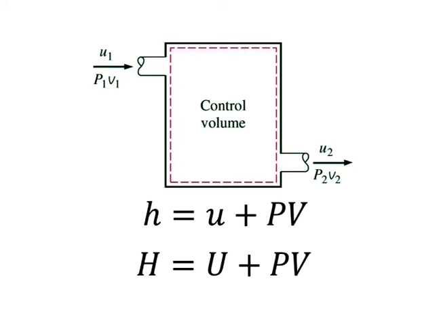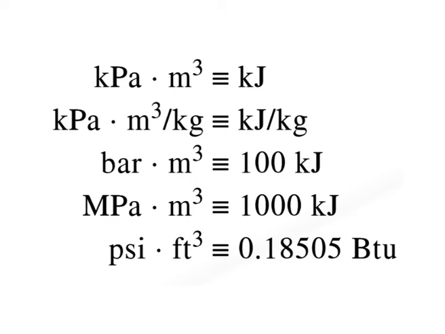Both the total enthalpy H and the specific enthalpy h are simply referred to as enthalpy, since the context clarifies which one is meant. Notice that the equations given above are dimensionally homogeneous. That is, the unit of pressure-volume product may differ from the unit of internal energy by only a factor.